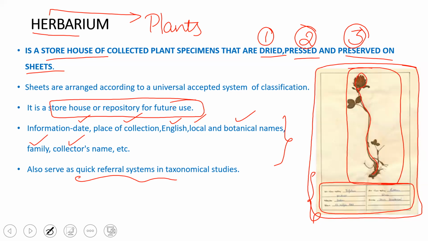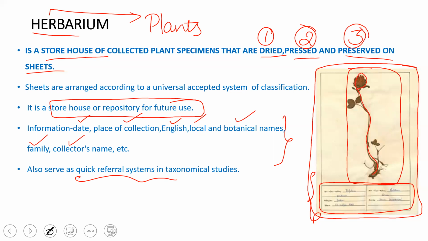So if a person is undergoing research on a particular plant, rose plant, banana plant, or any other plant, then that research can be continued by some other person. So probably this will help in future.